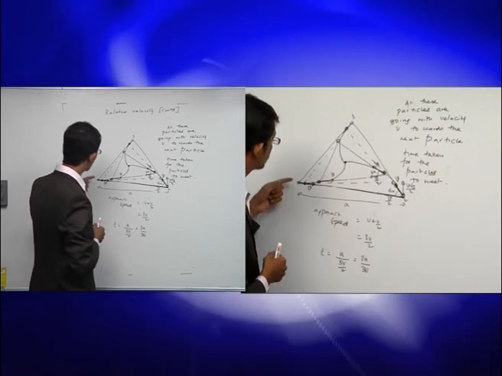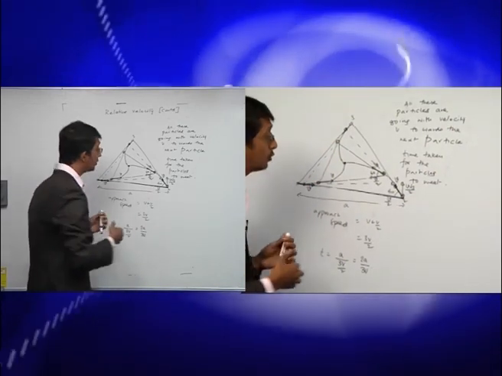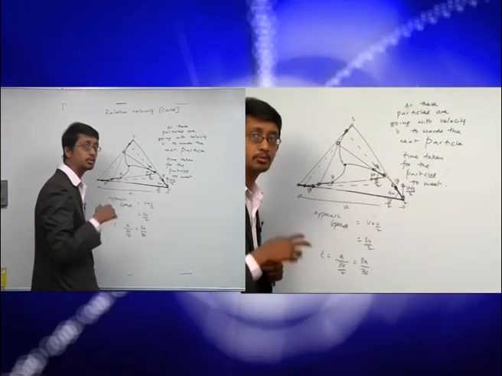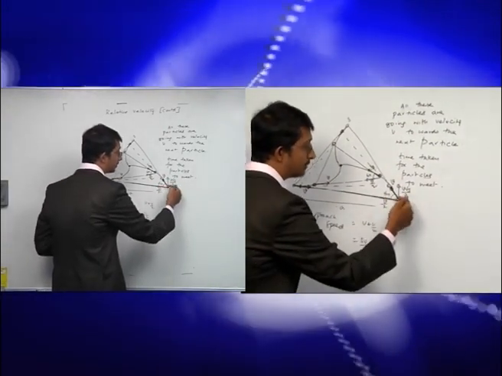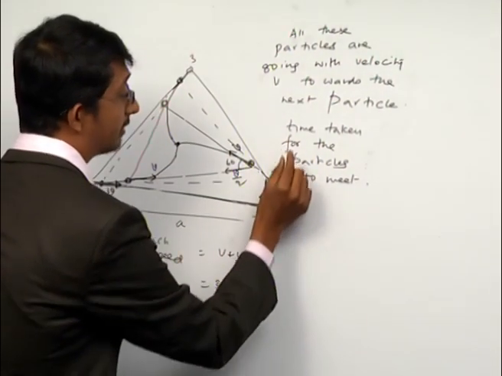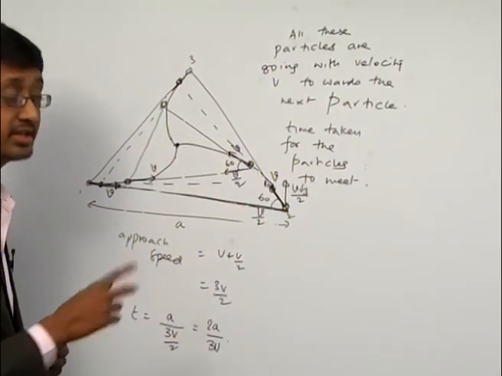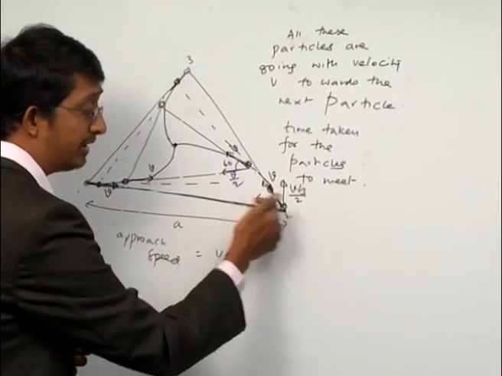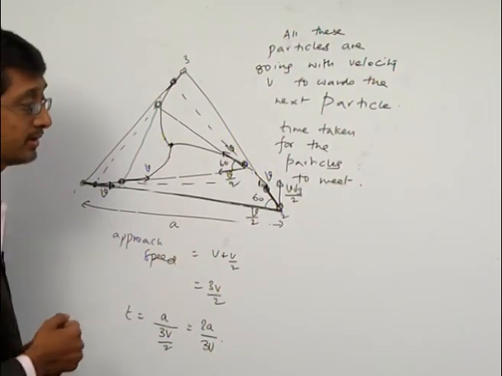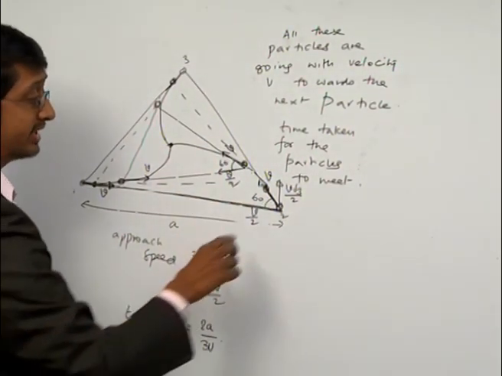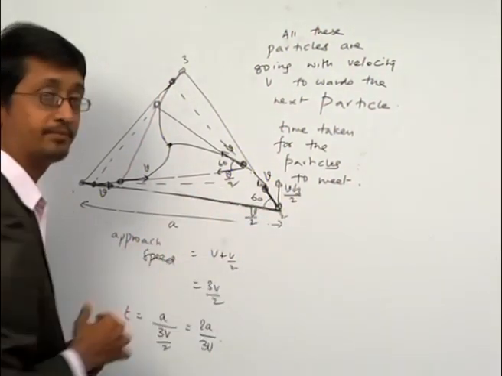So I am saying 1 moves on the rod with speed v. 2 has two components of velocity, v by 2 and v root 3 by 2. So what I am doing, v by 2 is the speed along the rod, and I am making the rod itself rotate with v root 3 by 2. So the net speed of 2, when I see from the ground, is v by 2 this way on the rod, and the speed of the rod itself is v root 3 by 2 that way. So the net speed of 2 is the sum of these two.